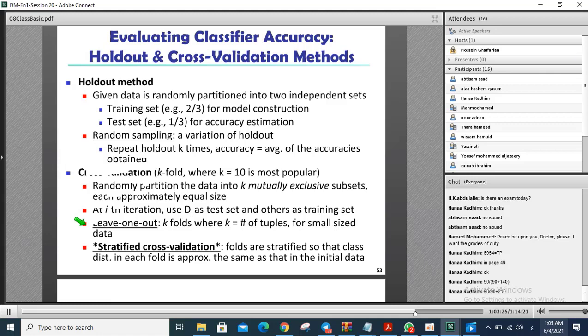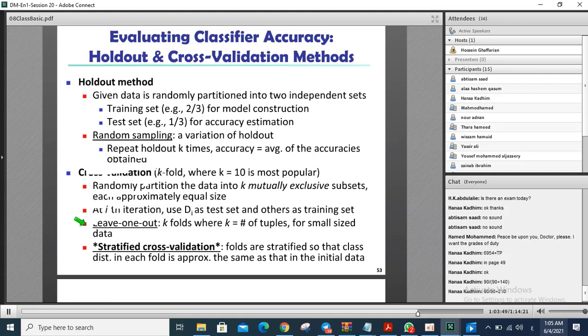Here, I'm performing a cross-validation technique. Why? Because firstly, I'm creating a classifier model according to 9 different folds.